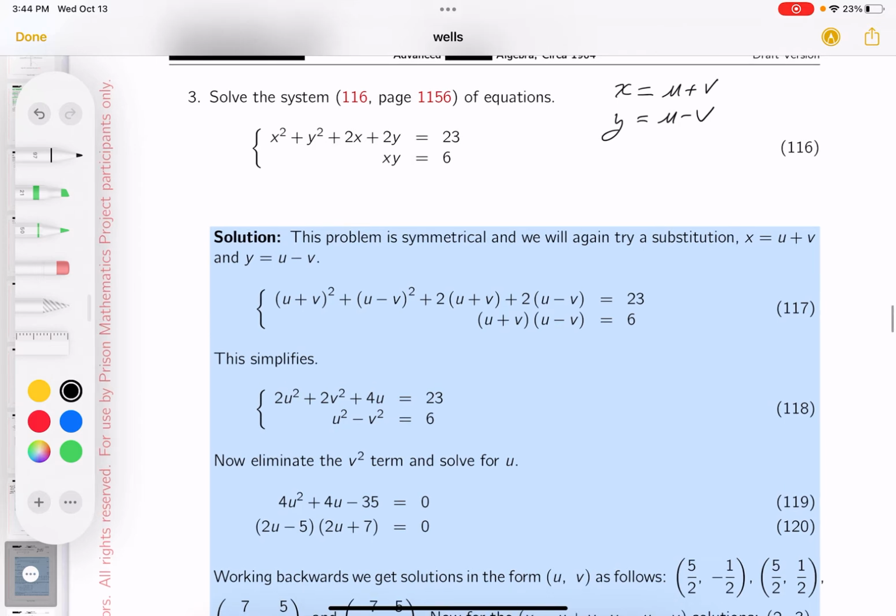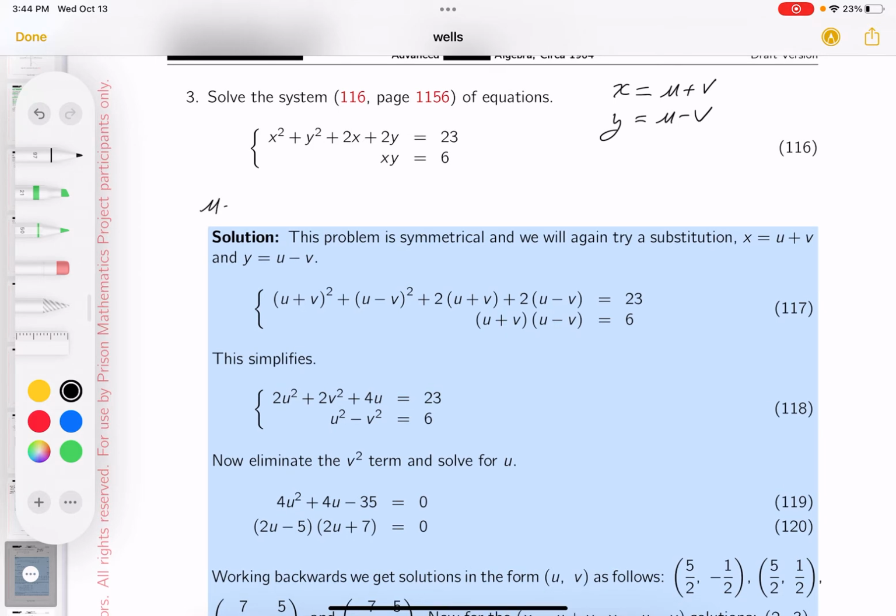What's x squared? It's going to be (u plus v) squared. What's y squared? It's (u minus v) squared. What's 2x? We'll write this down: 2(u plus v), right? Let's keep going. Plus 2(u minus v) equals 23.